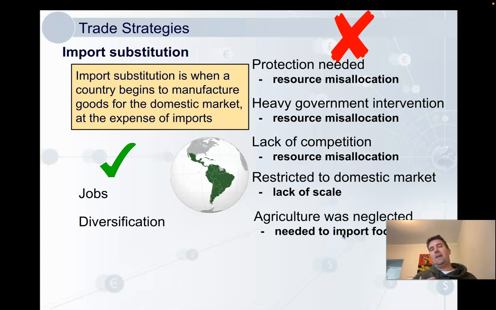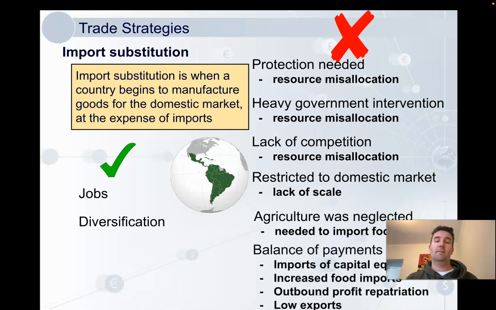This isn't a necessary aspect of this, but the history of Latin America found that agriculture tended to be a bit neglected in this process. So they actually had to import food. And that was part of the balance of payments problems that they had. Firstly, they had to import all the capital equipment. They had to import more food.